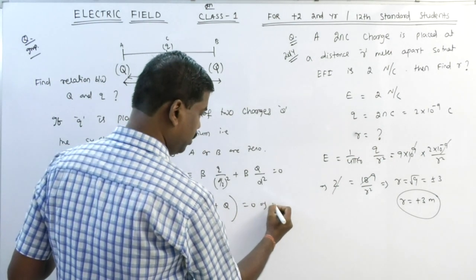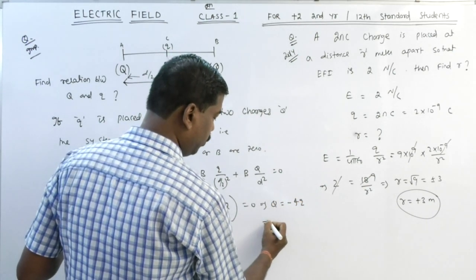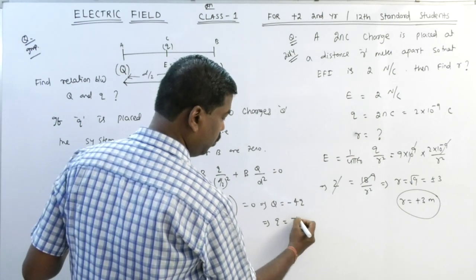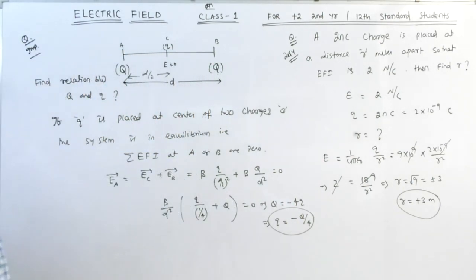It means q is equal to minus 4Q, or q is equal to minus Q by 4.